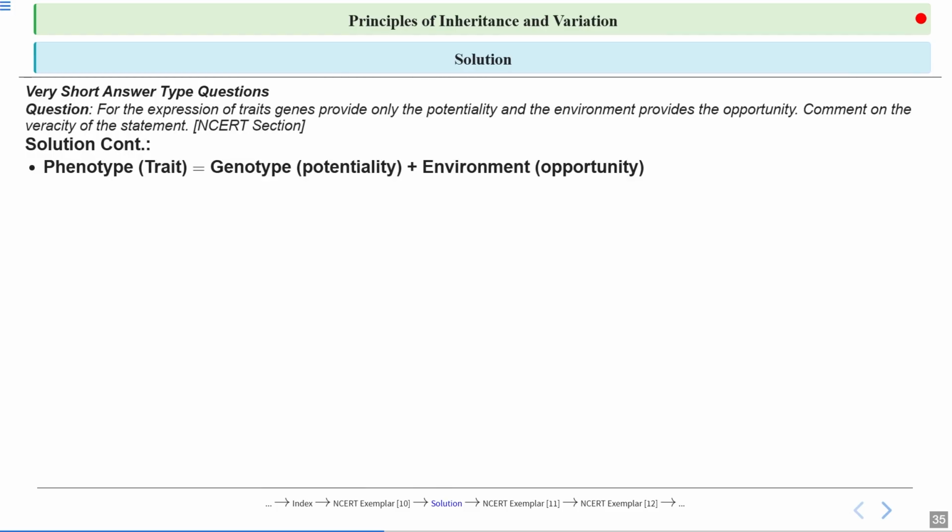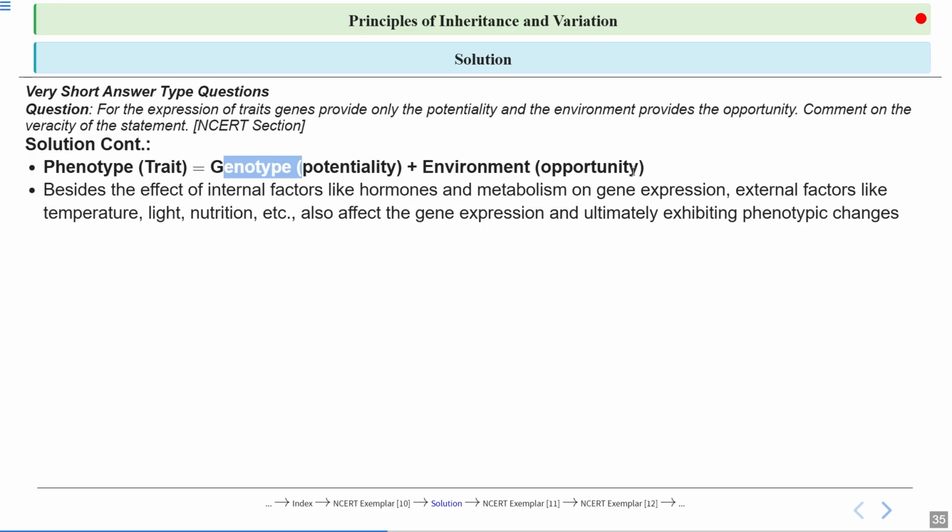So the final phenotype is the combination of the genotype, which is the potentiality, and the environment, which is the opportunity. Besides the effect of internal factors like hormones and metabolism on gene expression, external factors like temperature and nutrition also affect the gene expression and ultimately exhibit phenotypic changes.